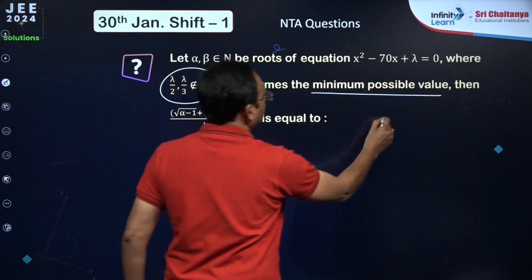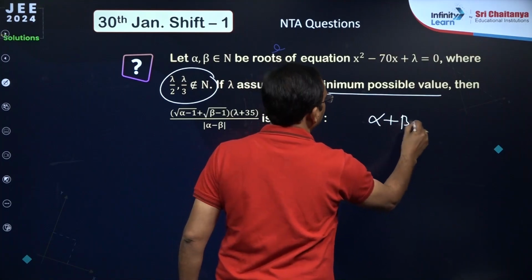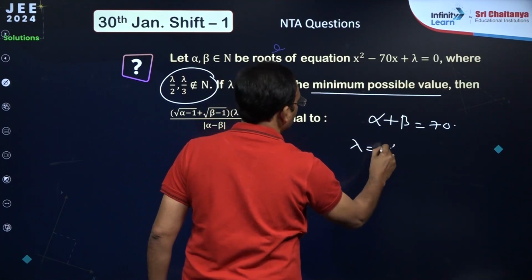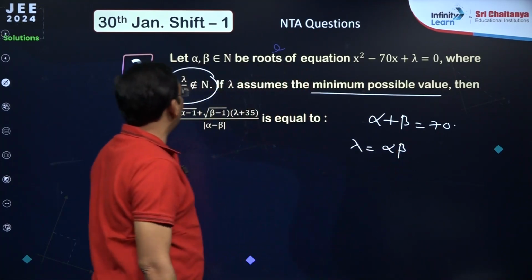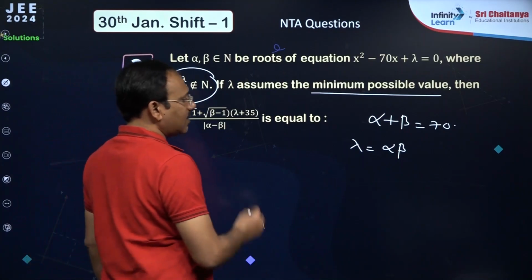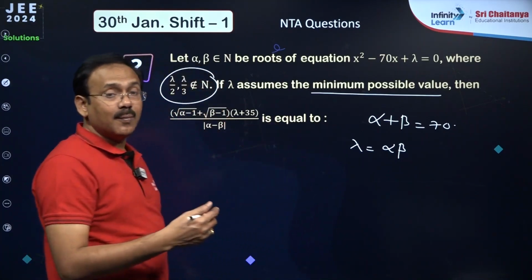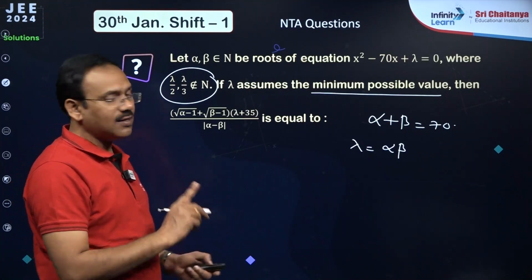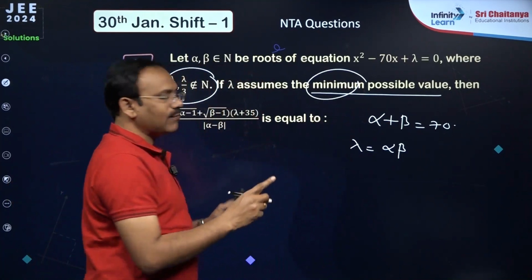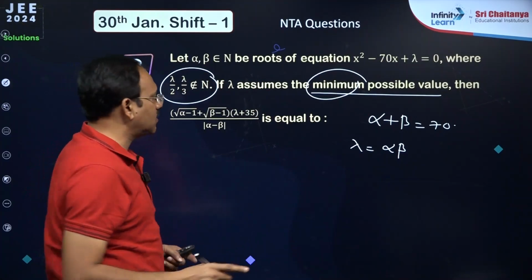So alpha, beta are the roots, in the sense alpha plus beta must be 70, my dear friends, and lambda is going to be alpha beta, where alpha, beta are natural numbers. One thing you can say, my dear friends: for a constant sum, the product is maximum when they are equal. I want the product minimum. Minimum means you have to take them as far apart as possible.